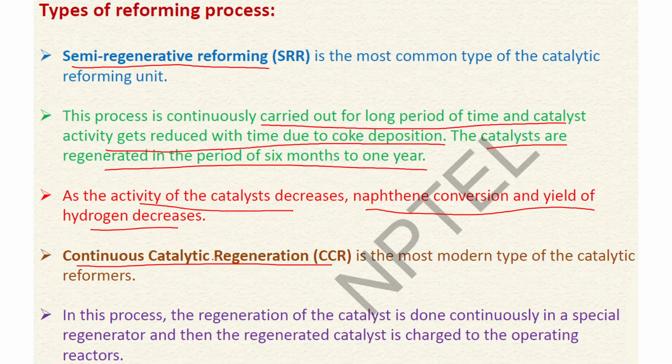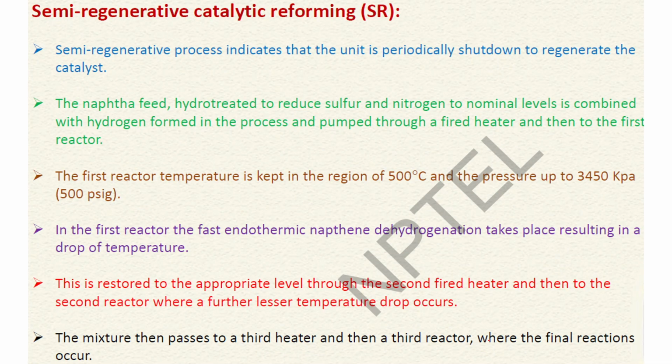Whereas in the continuous catalytic regeneration process, the regeneration of the catalyst takes place continuously in a special regenerator, and the regenerated catalyst is charged to the operating reactor every single time. After a single reforming operation, each time the regeneration of the catalyst takes place in a different regenerator reactor, and the regenerated catalyst is fed back again to the operating reactor.